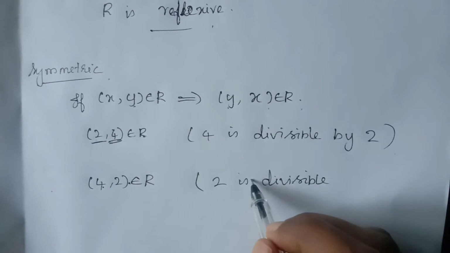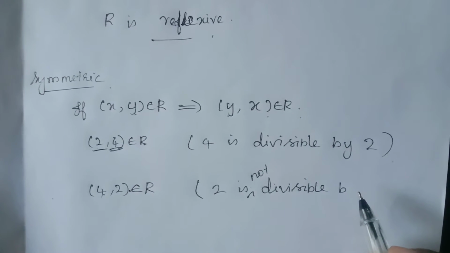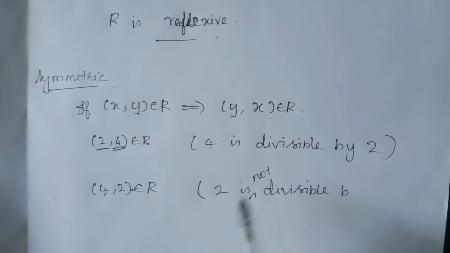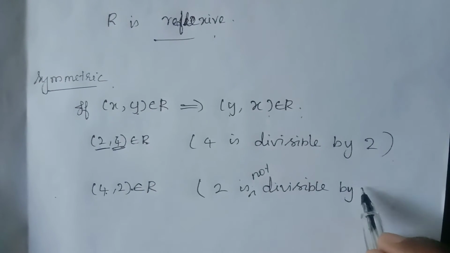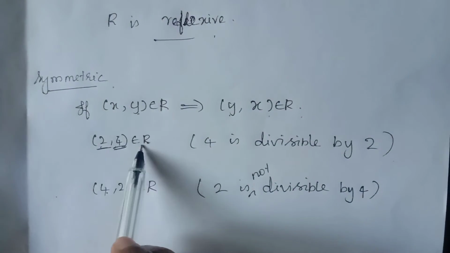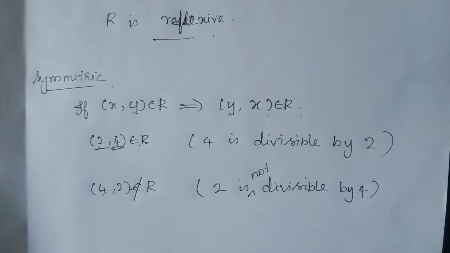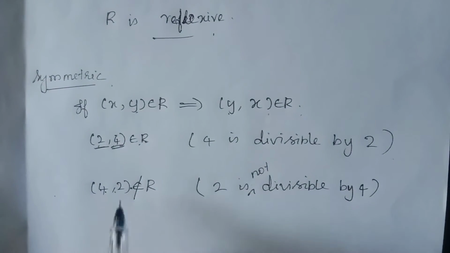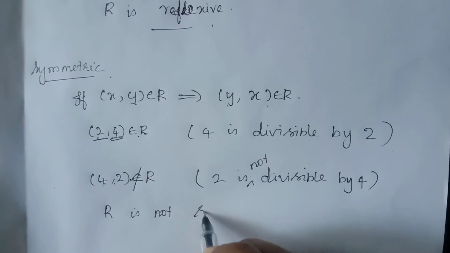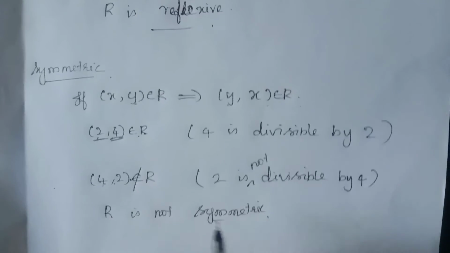So (2, 4) belongs to R, but (4, 2) does not, because 2 is not divisible by 4. Symmetric condition not satisfied, so R is not symmetric.